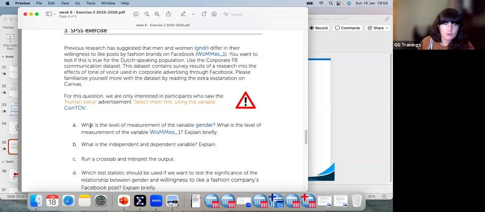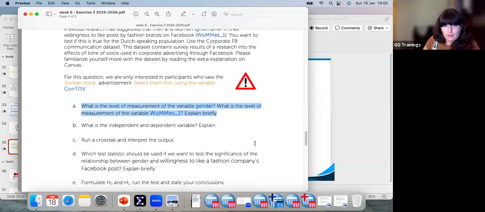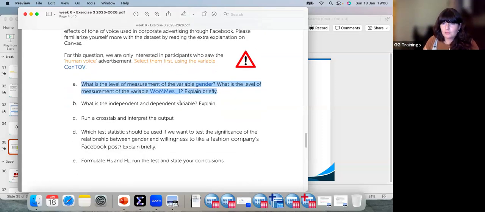So 3A, what's the level of measurement of gender and WOMS 1? You're going to find in the value labels that both of them are categorical. Okay, which one is independent and which one's dependent? Always ask yourself, which one impacts the other more? That one is the independent.